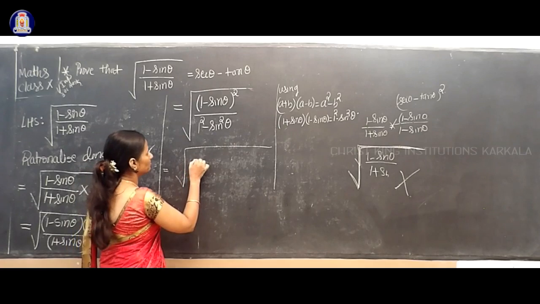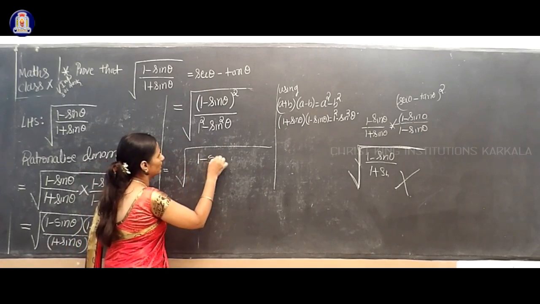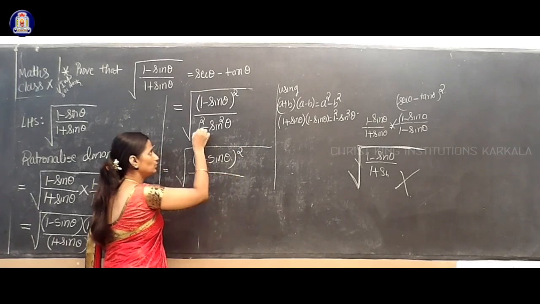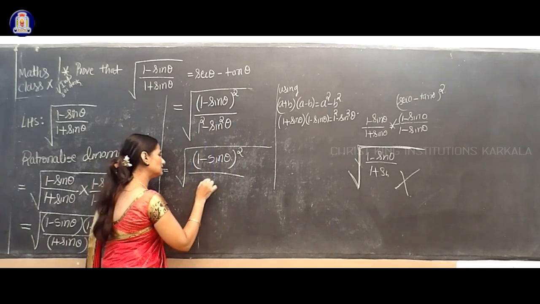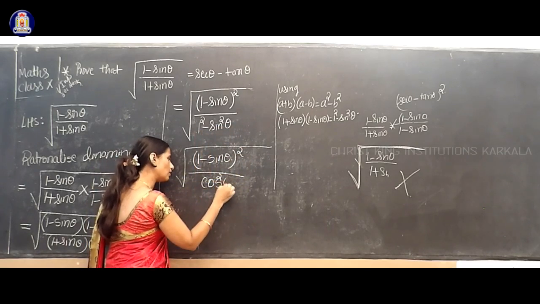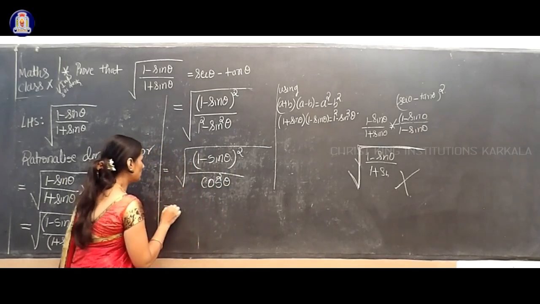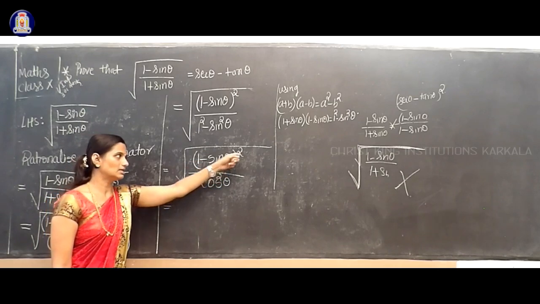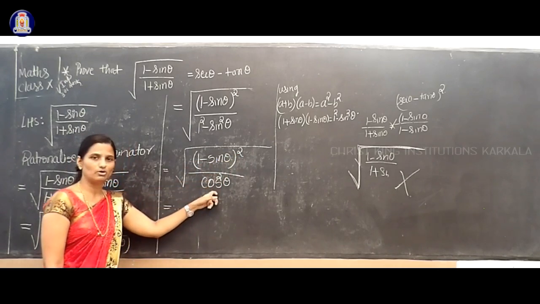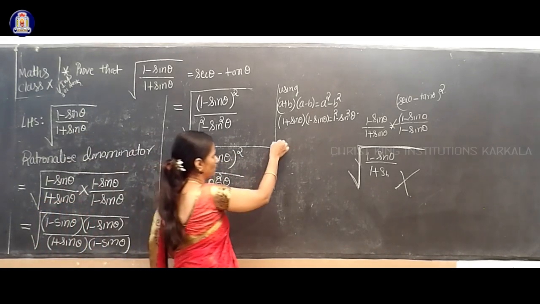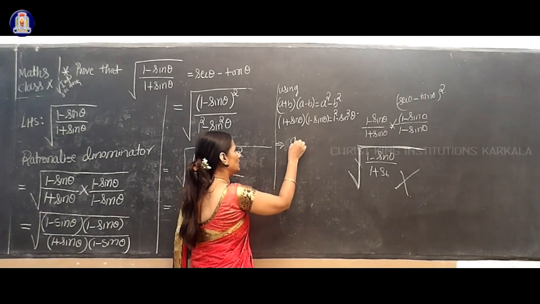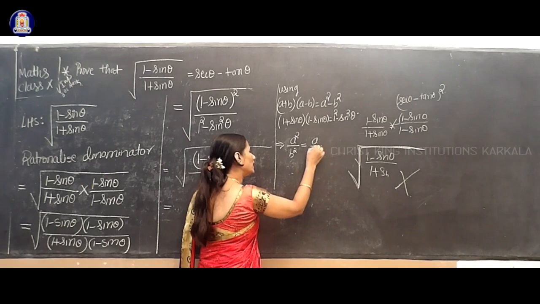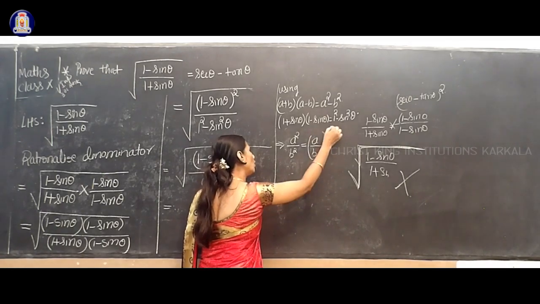So now how to simplify this? 1 minus sin theta whole square divided by, you know this, 1 square minus sin square is always equal to cos square. Right? So the next formula we use: 1 minus sin theta whole square divided by cos square is in the form of a square divided by b square, which is equal to a divided by b whole square.